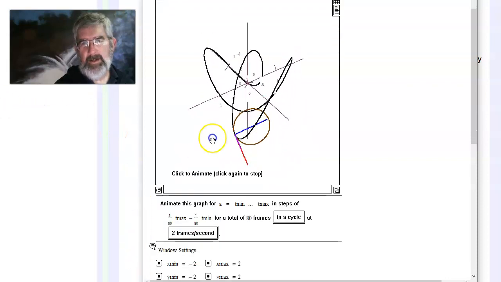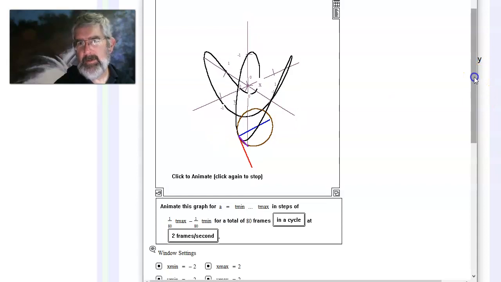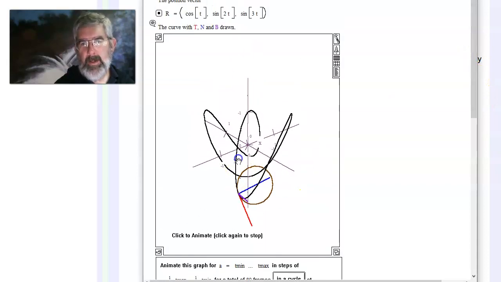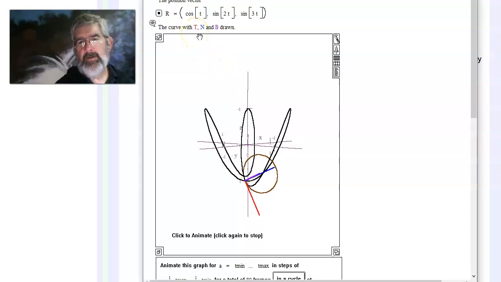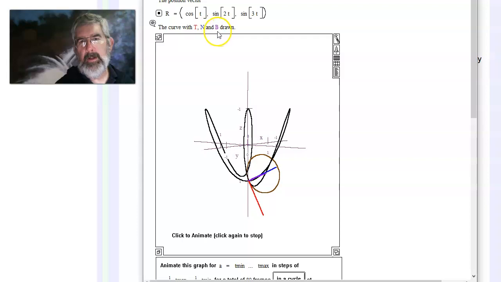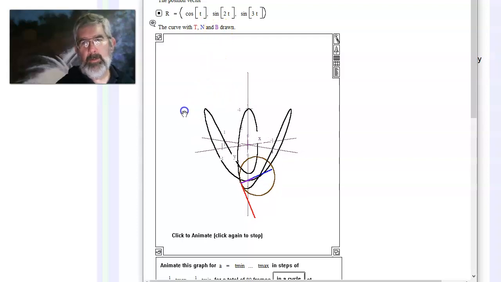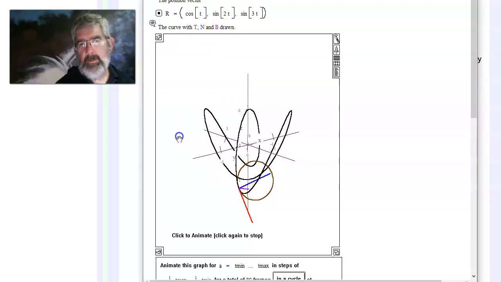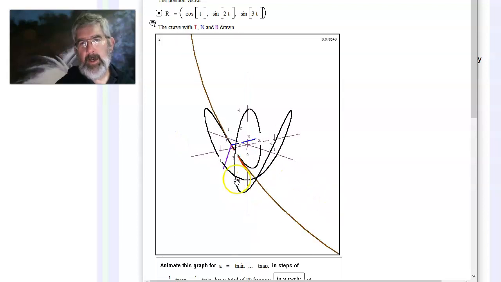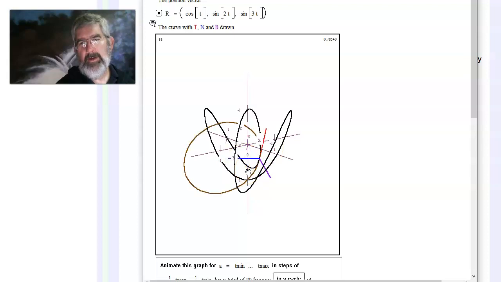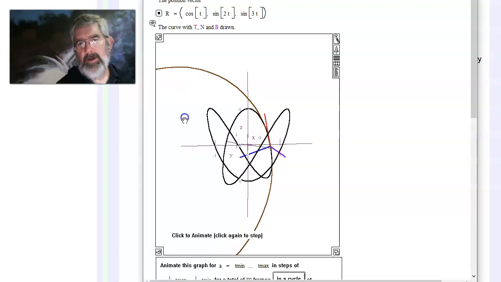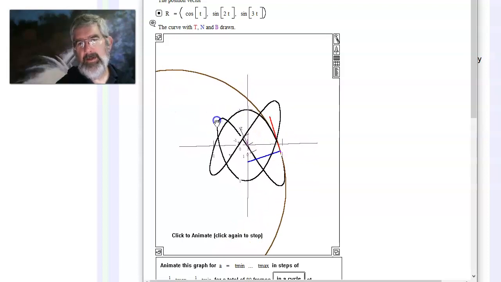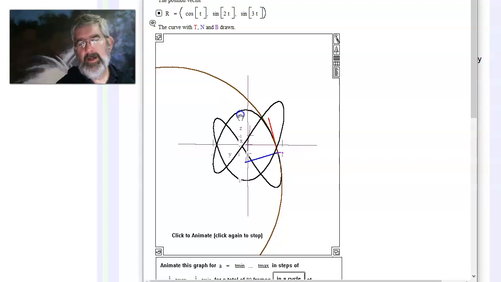Now I also have drawn the unit tangent vector in red, the unit normal vector in blue, and the binormal vector in purple. But I also have a brown circle, which is the osculating circle. So you can see at any point along the curve that it's calculating this osculating circle.